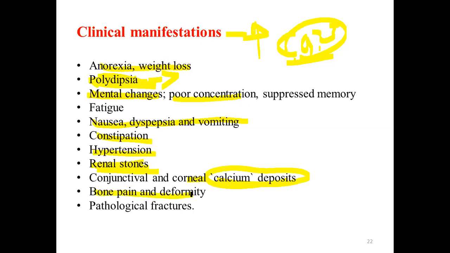Remember, when the gland undergoes hyperplasia, it continuously erodes the bone. So this reduces the minerals in the bone, and the patient will end up having deformity in the bone as well as pathological fractures. So those are the major complications or manifestations when a patient has this problem.